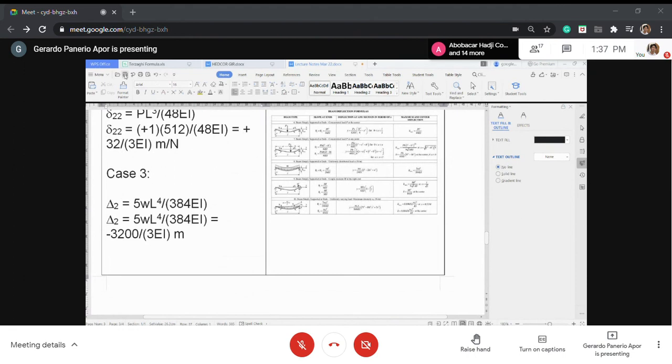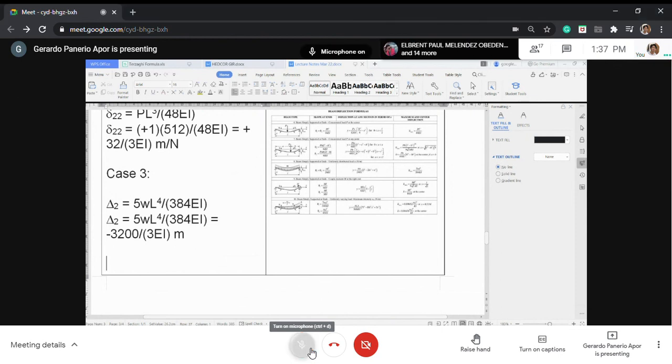If you want, I'll post it in the e-learn so that you can use this as reference. The exam will be about deflection only, using the equation, the moment area method, maybe double integration.